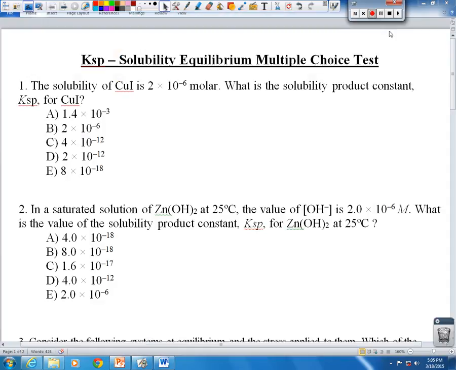Okay. All right. The solubility of CuI is 2 times 10 to the negative 6. Now, as soon as they tell you the solubility is, what did they just tell you? They told you S. What is the solubility product constant, Ksp, for CuI? Now, I've told you, when you see Ksp, what do you have to think? Ion to ion, right? What is our ion to ion for this one? It's 1 to 1, which is what?